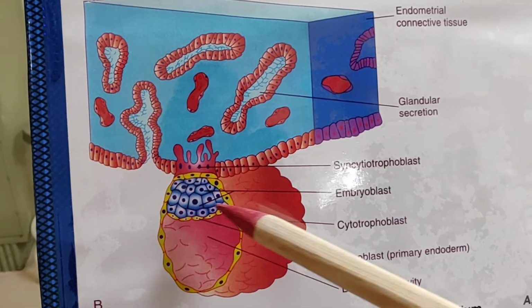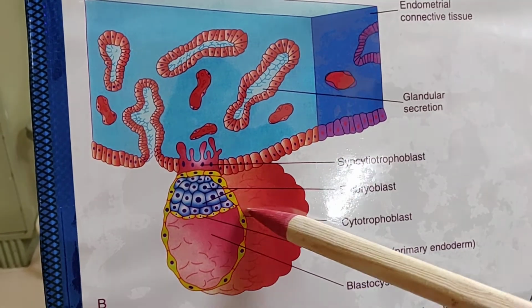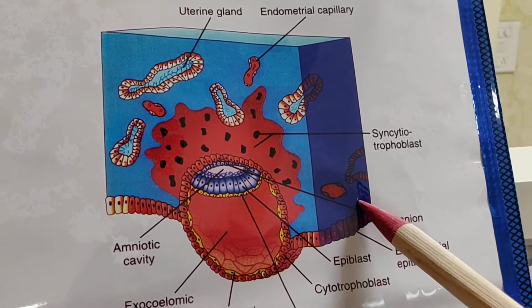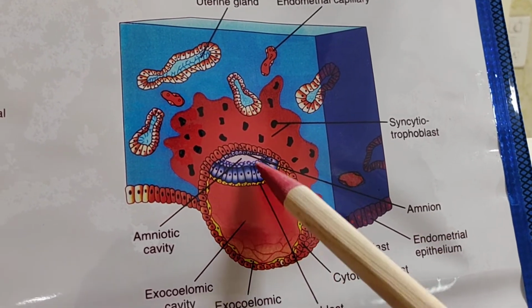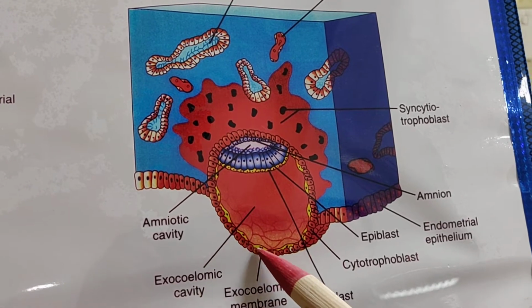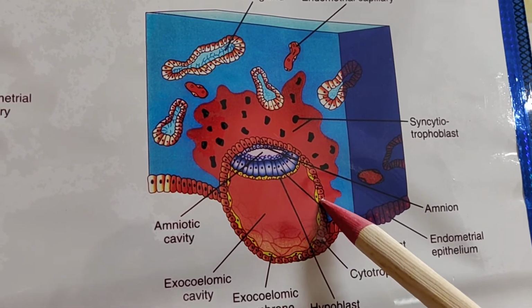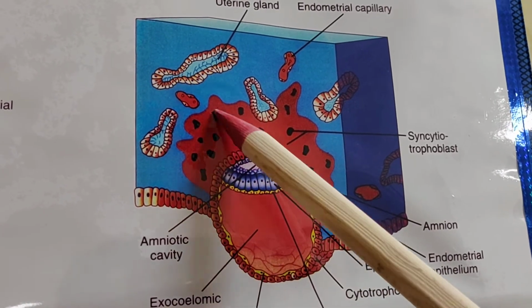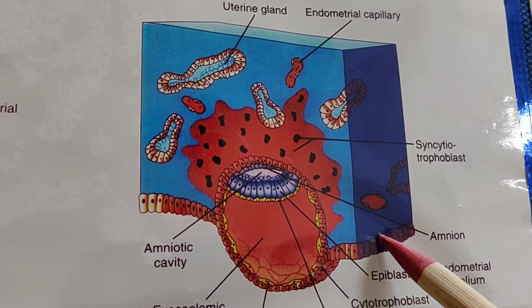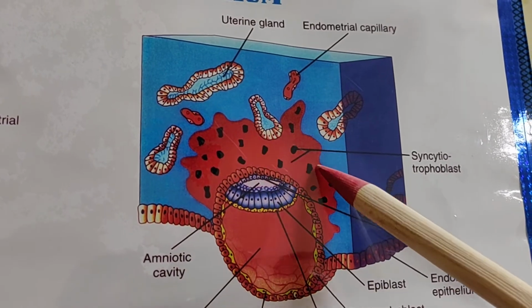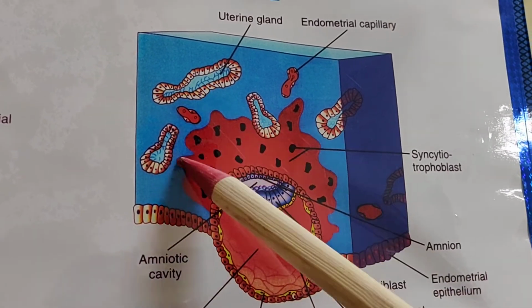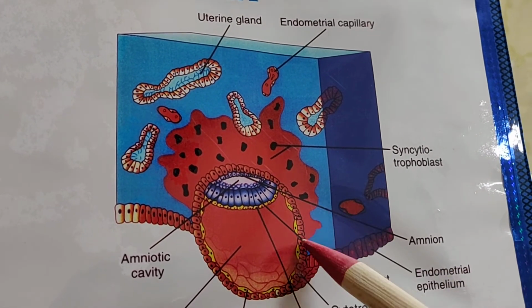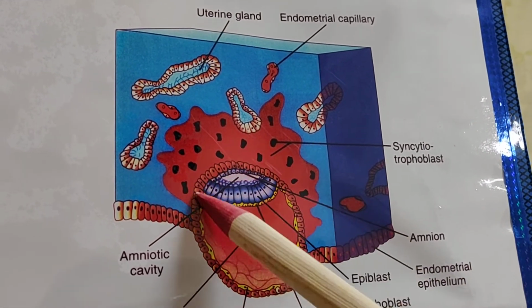Now see this diagram. Next, now see the structures. This blastocyst almost half enters into the uterine endometrium, and this multinucleated structure is the syncytiotrophoblast, and this layer is the cytotrophoblast.